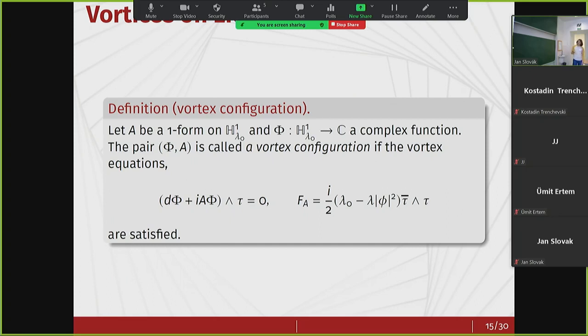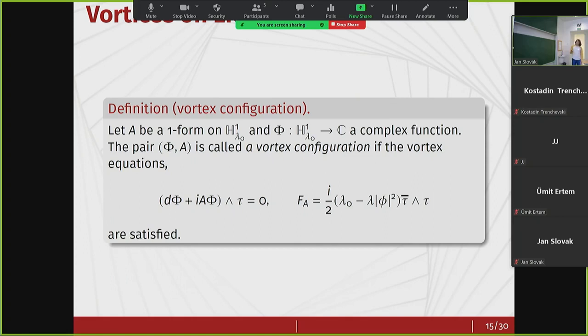Then the vortex configuration, as before, is going to have two ingredients. We are going to have a one-form that we denote by A, and then phi, which is going to play the role of the phi that was a section of the complex line bundle.